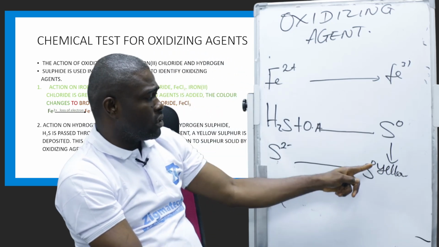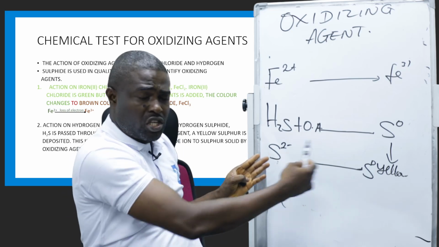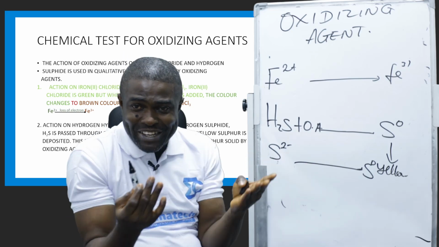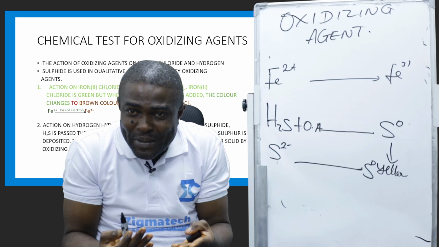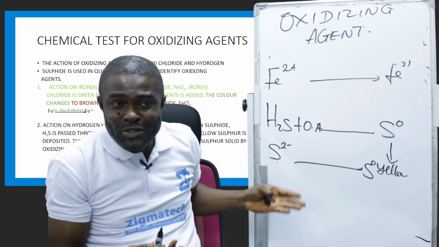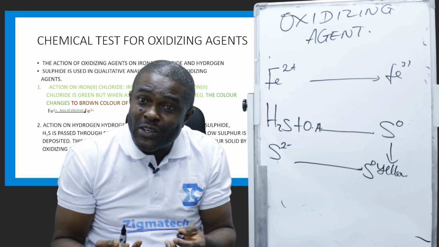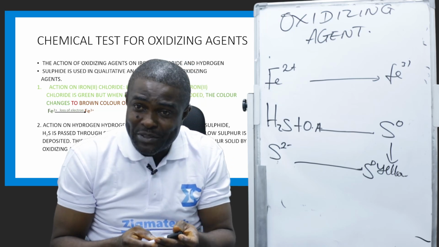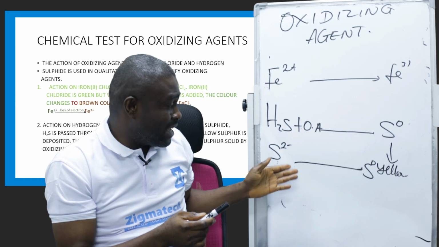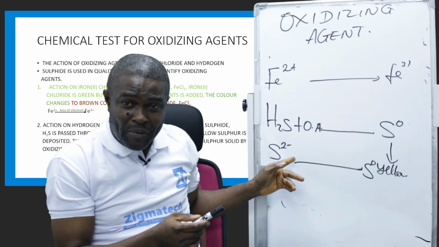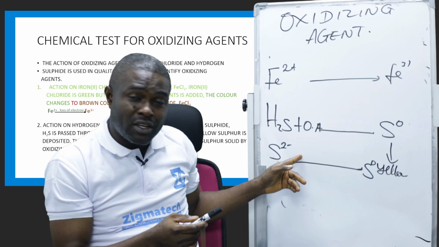From -2 to 0 is an increment. That means oxidation is actually taking place. What caused a substance to move from -2 oxidation number to 0 oxidation number? An oxidizing agent. Because what is happening here is oxidation, which is loss of electrons. Can you see it?